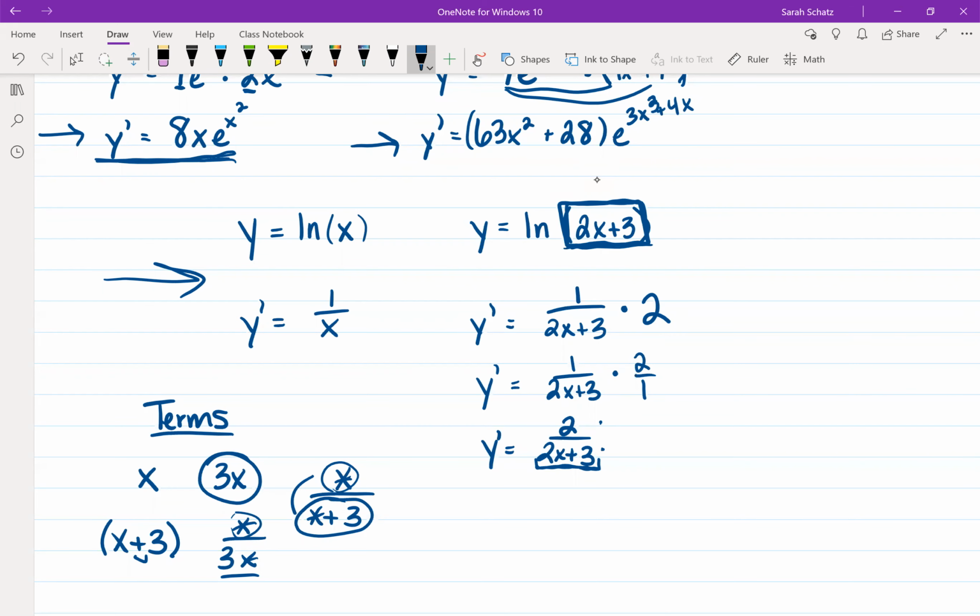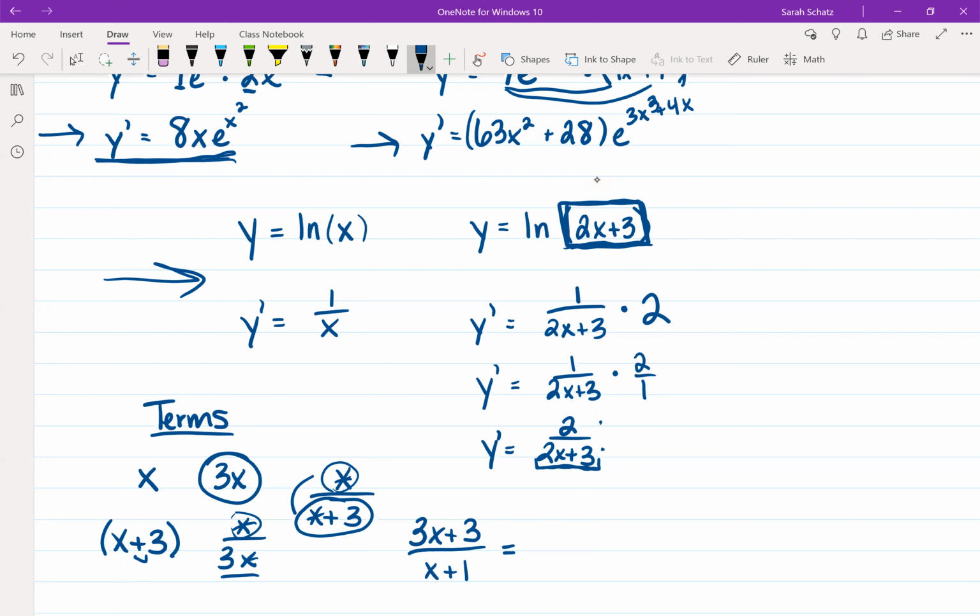Let me see, what if I had 3x plus 3 over x plus 1? There might be a way to do this one, but it's going to take some work. Let's see if we can figure out how to reduce this fraction. Usually if you want to reduce a fraction that has multiple things added or subtracted on top and bottom, a good way to do it is factoring.